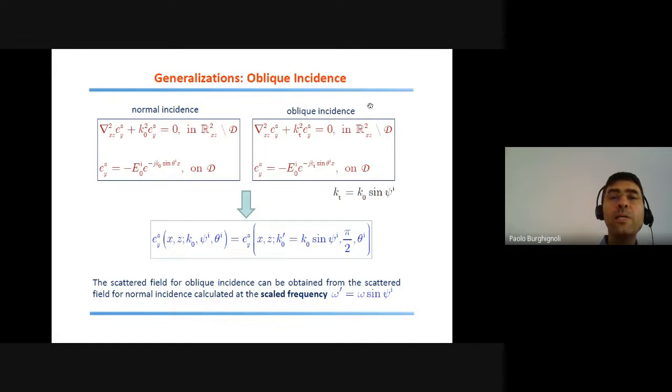Now, at oblique incidence, what we may write down is again a two-dimensional Helmholtz equation.